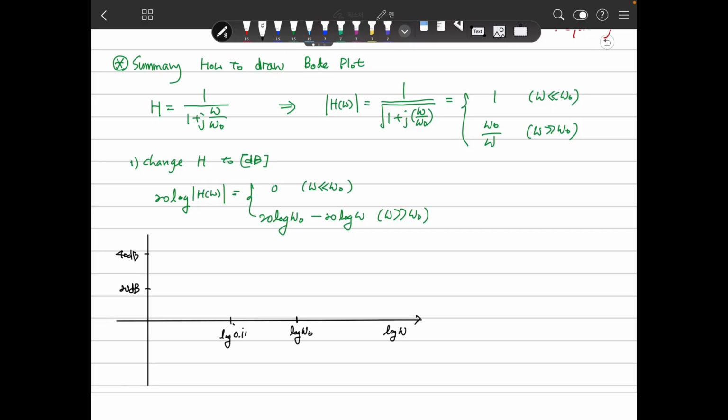This is log 0.1 omega 0, and this is log 10 to the minus 2 omega 0 here. So there is one line here, and because of that we can draw the line. One more thing here and here.